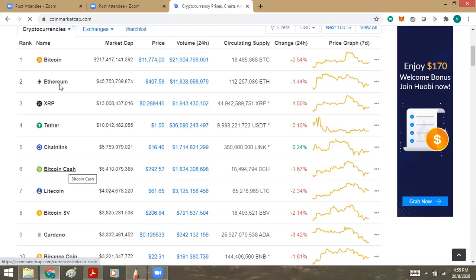And do you know the difference between Bitcoin and Bitcoin Cash? Everything is the same except block size. In Bitcoin, the block size is 4 MB, and in Bitcoin Cash, the size is 8 MB.